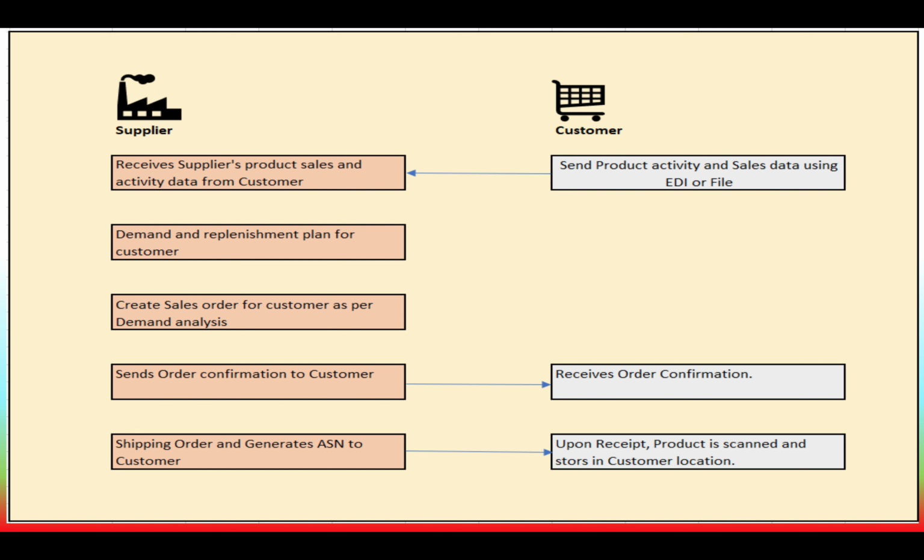Then the supplier ships the order and generates an ASN to the customer. ASN is advance shipping notice. Upon receipt, on the customer side, when they receive the material, the product is scanned and then stored in the customer location. The same process is repeated, because the supplier receives information daily about the product sales.